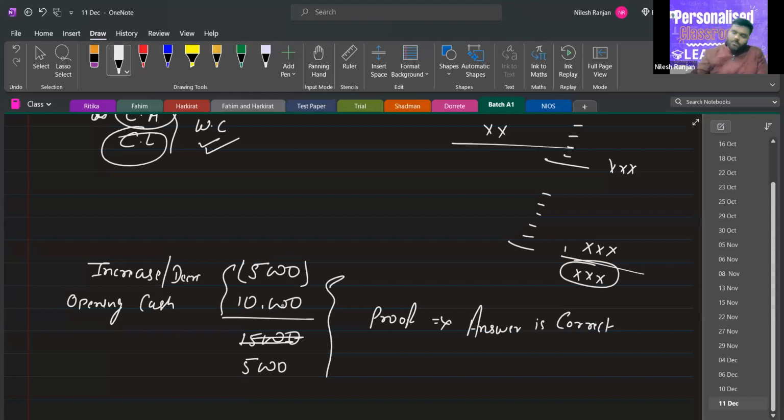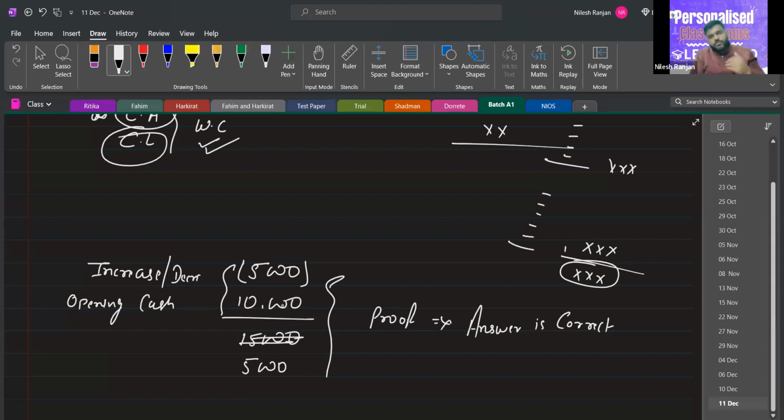Okay, sir. So this is our cash flow statement concept. Tell me if you have any doubt from your previous questions that you have solved in your school or any topic. No, sir, I understood whatever you taught today.